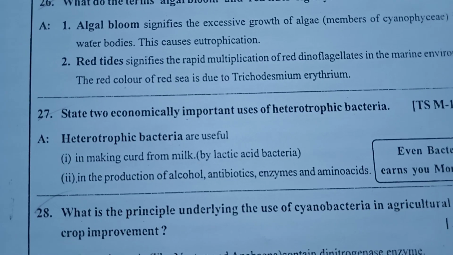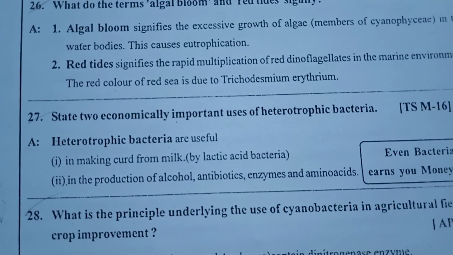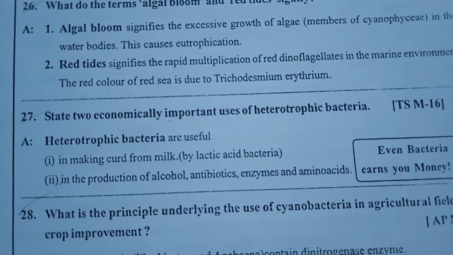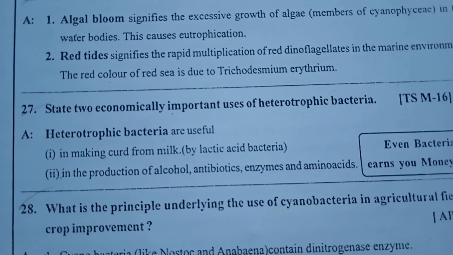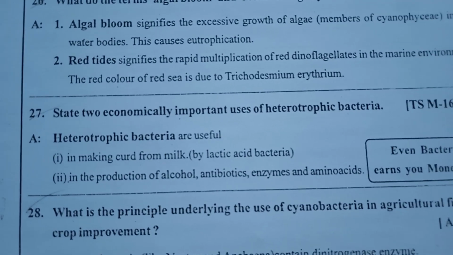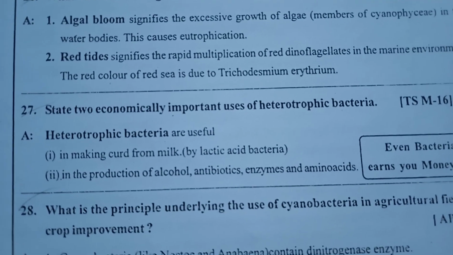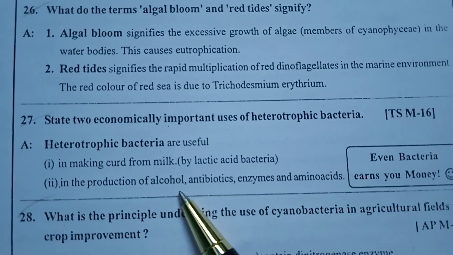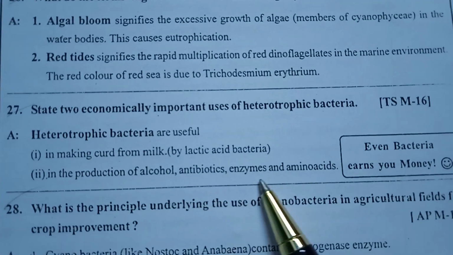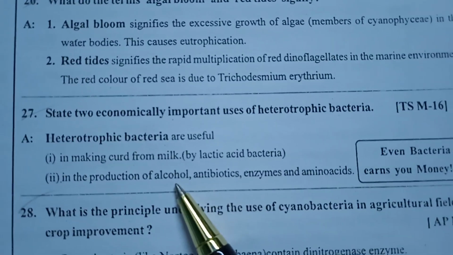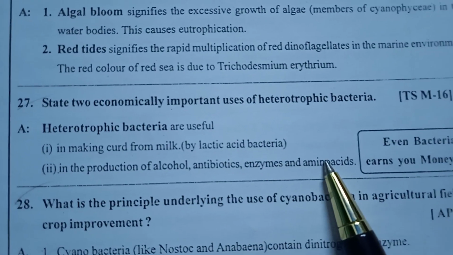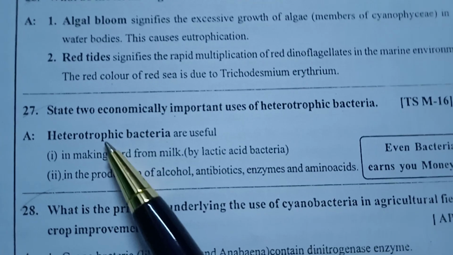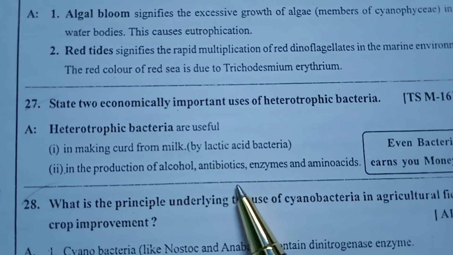The milk changes into curd because it contains lactic acid bacteria. Second, in the production of alcohol, antibiotics, enzymes, and amino acids, heterotrophic bacteria also play an important role.